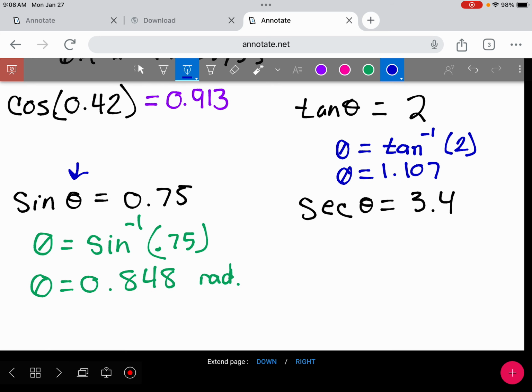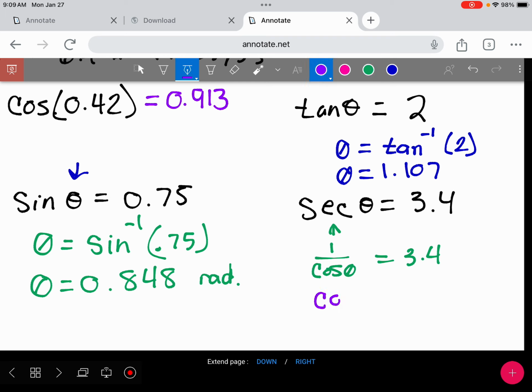So if we have something like secant, which one is secant related to? Cosine. Yeah, it's 1 over cosine of theta is our 3.4. I think it's probably easiest to flip it now, or you can flip it at the end.